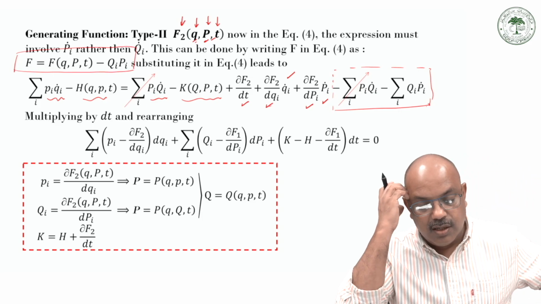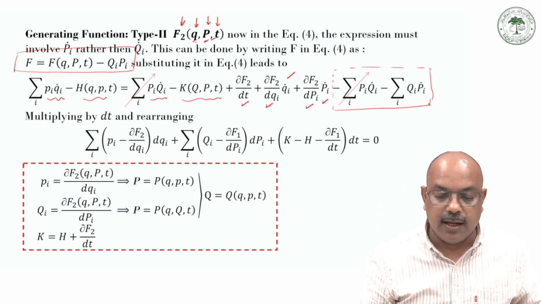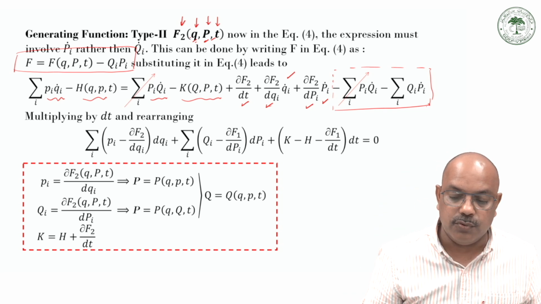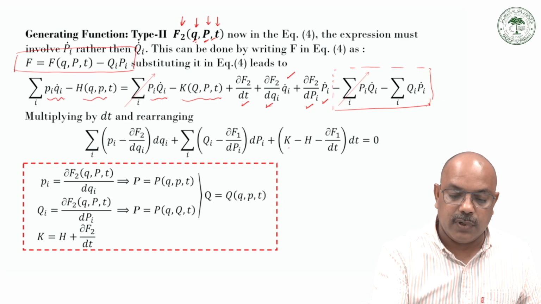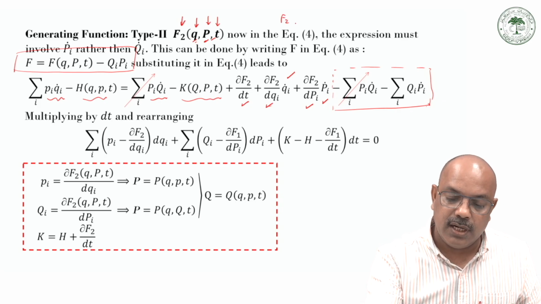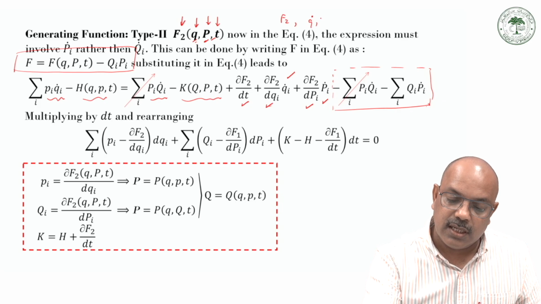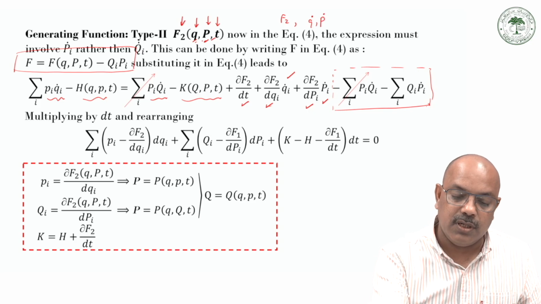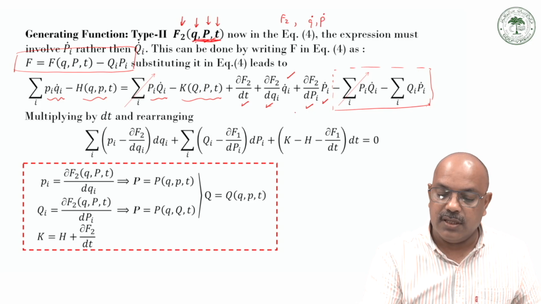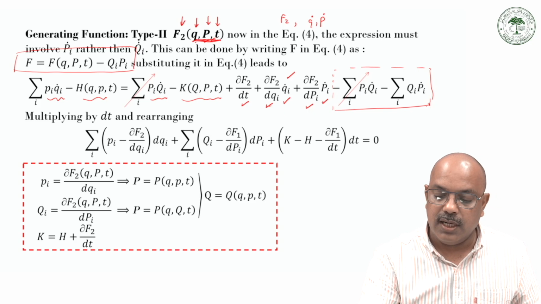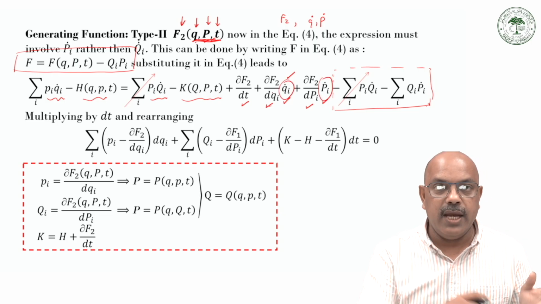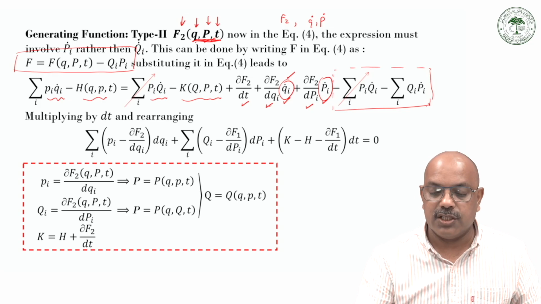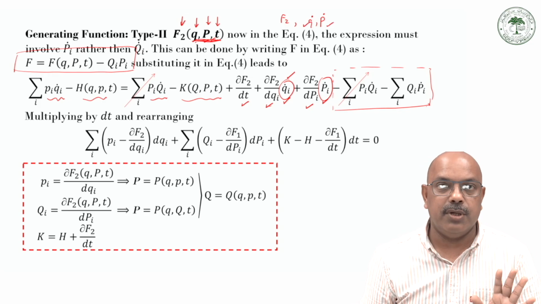Why is it there? Because if you write f2, what I'm going to get in f2 is q dot and capital P dot. Okay, from here I'm going to get a small q dot and capital Q dot. So in order to equate on the left hand side, I must have a small q dot and capital P dot.